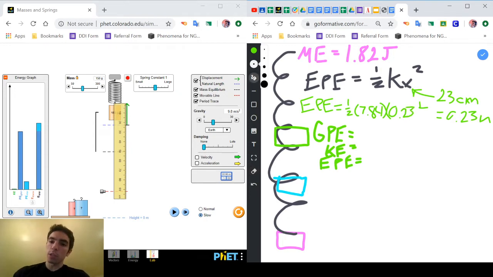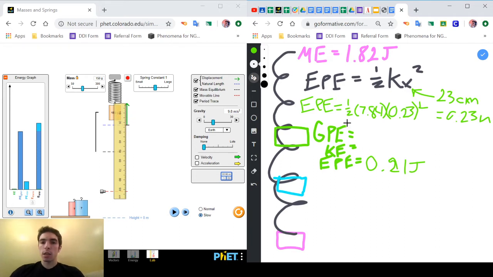But if you plug this into your calculator, I would say the most important thing not to forget is that squared. So I'm going to do 0.5 times 7.84 times 0.23 times 0.23. And my calculator is giving me about 0.21 joules of elastic potential energy at this highest point in our oscillation.